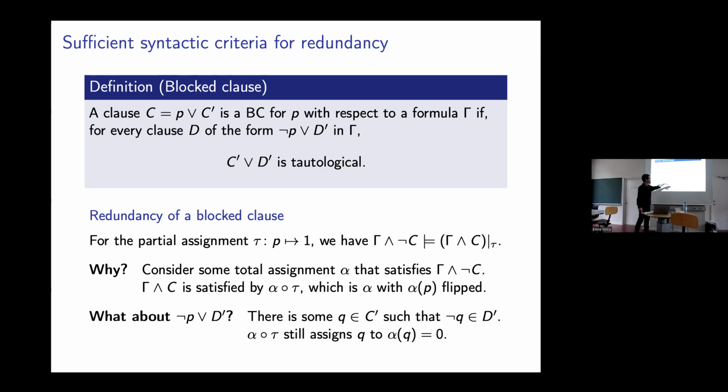So when I make this fix to alpha to make sure that it also satisfies the C, I didn't break anything in gamma. Only some clauses were doubly satisfied in the sense that they had two literals in them, which were set to true by alpha. And now there is just one, but it's not zero. So alpha is satisfied.